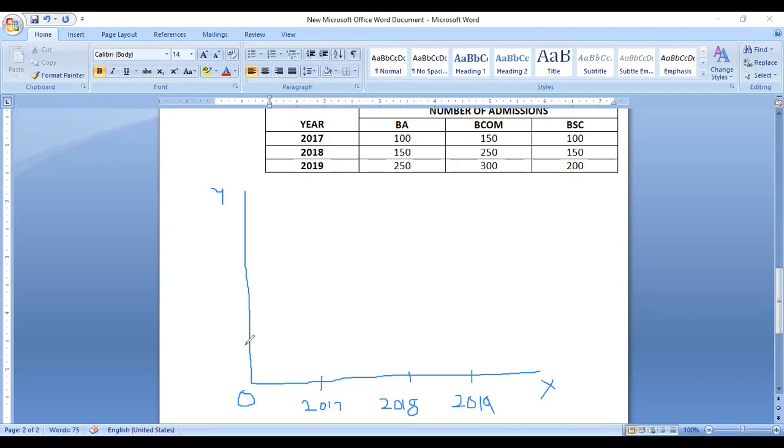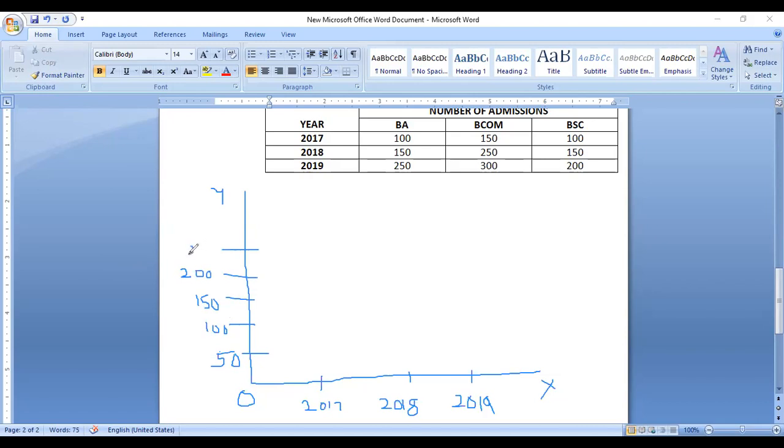Okay, now we see. So I will take here 50. This is 100. This is 150. This is 200. This is 250.